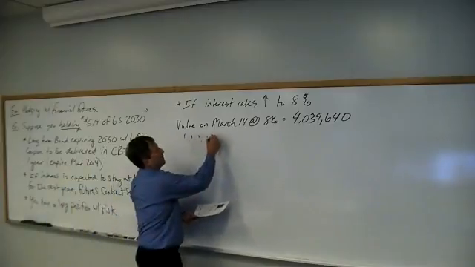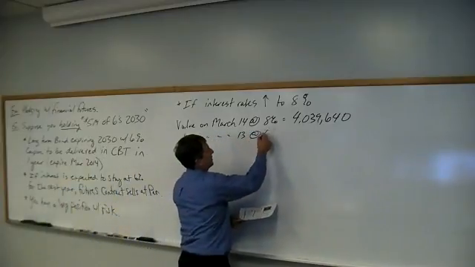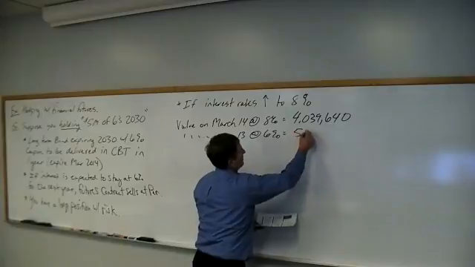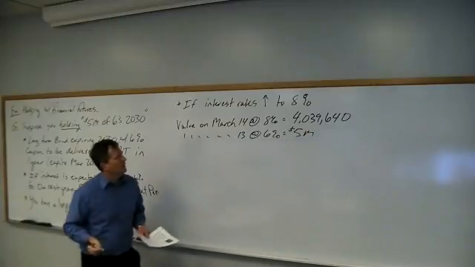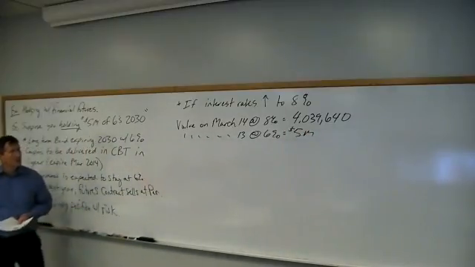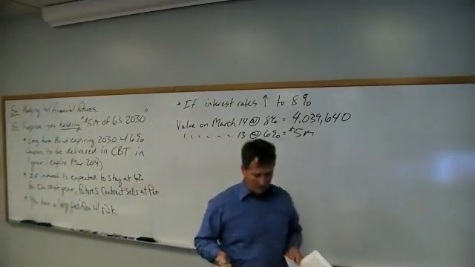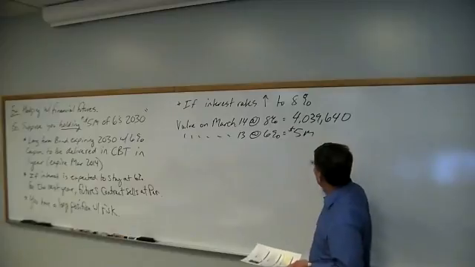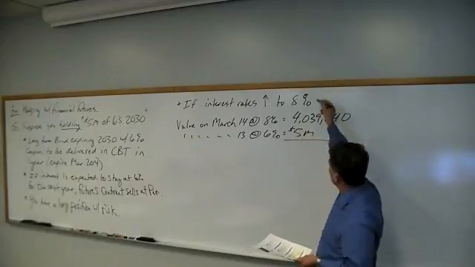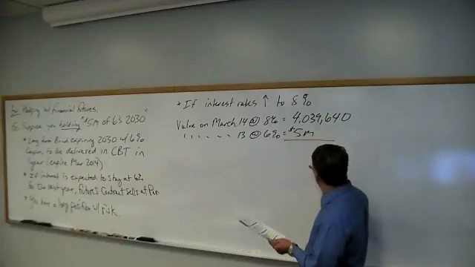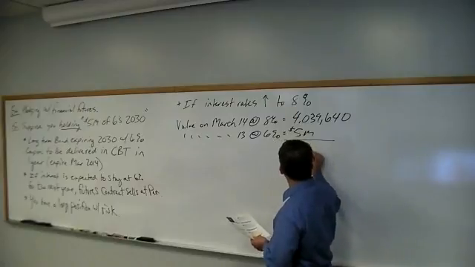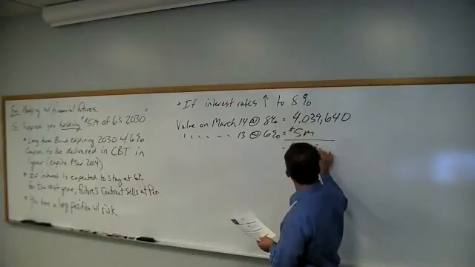And the value on March 13 at current 6% was the 5 million we started with. So all of this exposes you to a loss of, taking the difference between those two, 960,360.